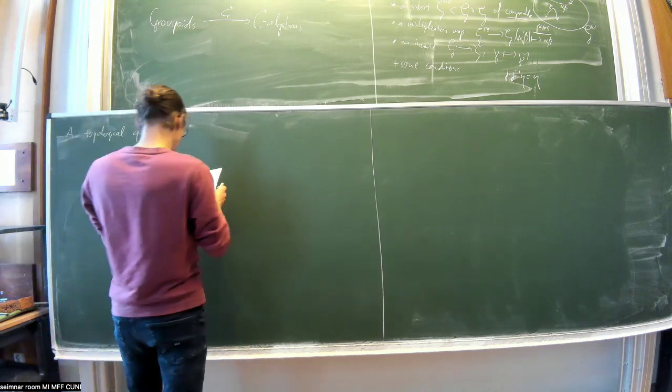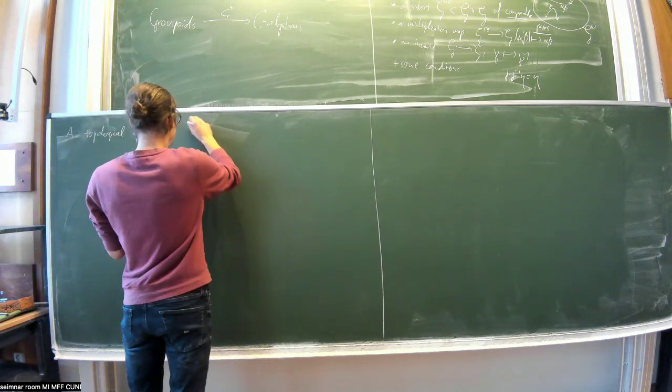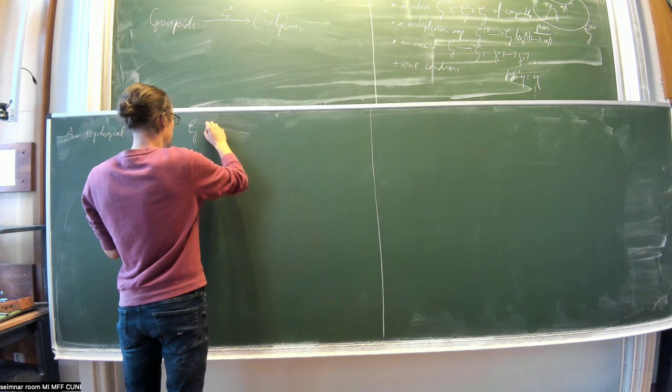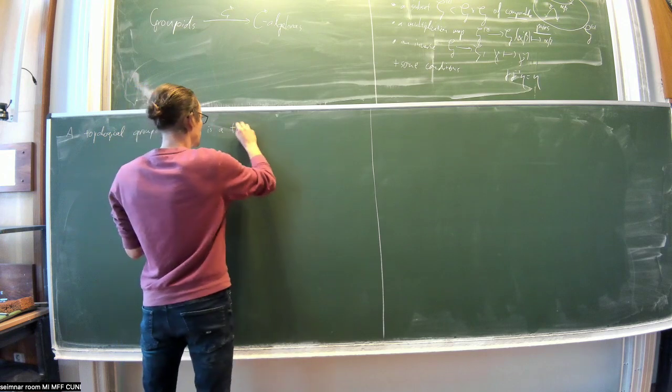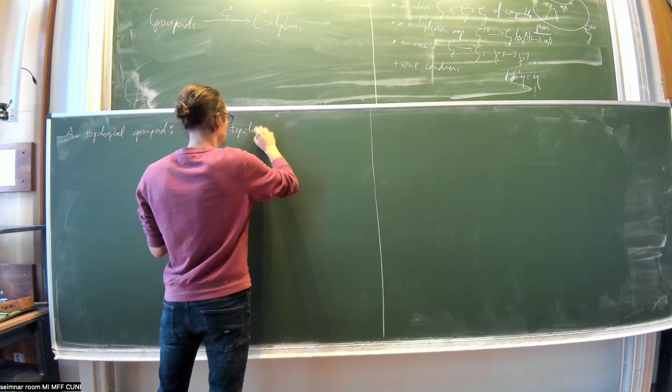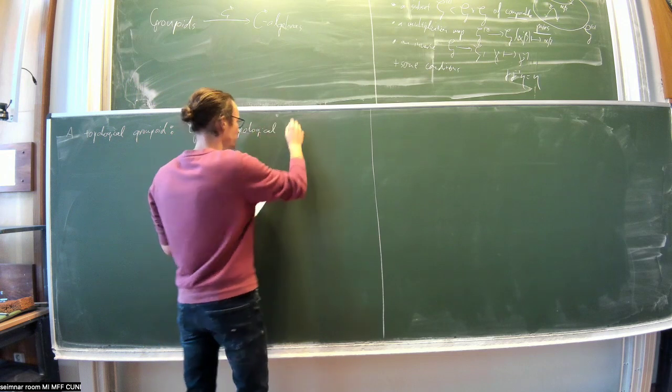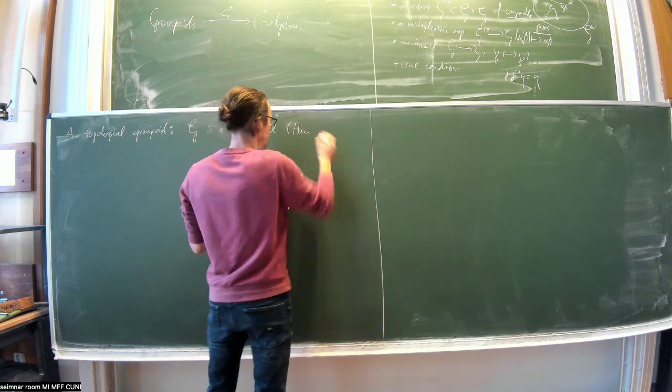So G is a topological space, and you can do non-Hausdorff.